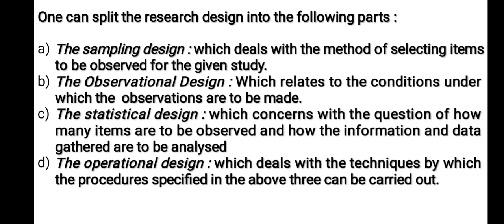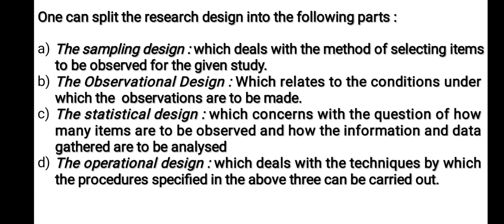And research design can be split into four parts, to be very precise. The first one is the sampling design, which deals with the method of selecting the items to be observed in the given study. The second part is the observational design, which relates to the conditions under which the observations are to be made.